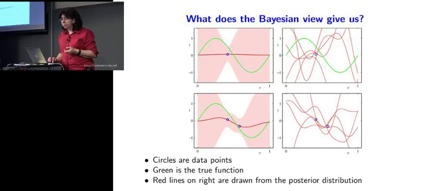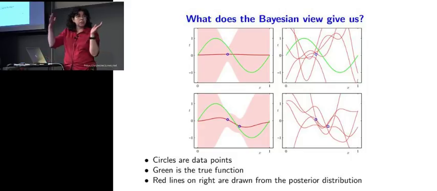Here's an example. This is the same data set with 1 point and 2 points. There's some true function, which is this green function. And you can see a whole bunch of hypotheses that are these polynomials that have been drawn. They're all very wild, but they all fit the data. So we can map where we are certain about the values and where these hypotheses have a lot of uncertainty. In this particular case, around where the data is, uncertainty gets reduced.